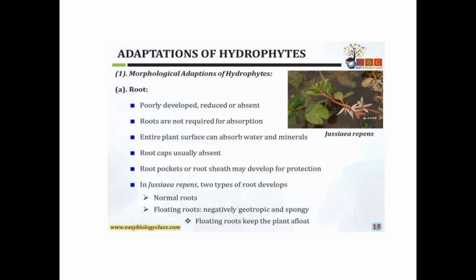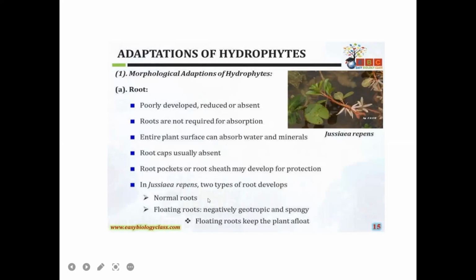But along with the absorption of water, another function of the root is attachment to the surface. Root caps are usually absent, and root pockets or root sheath may develop for protection. In Jussiaea repens, two types of roots are seen, that is normal roots and floating roots.